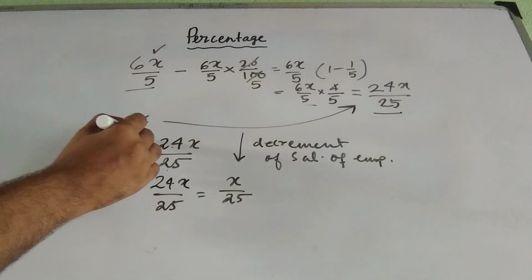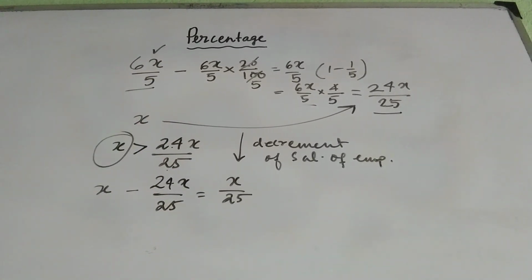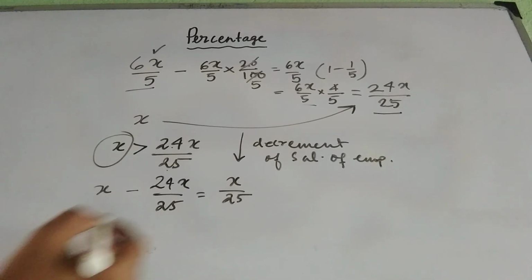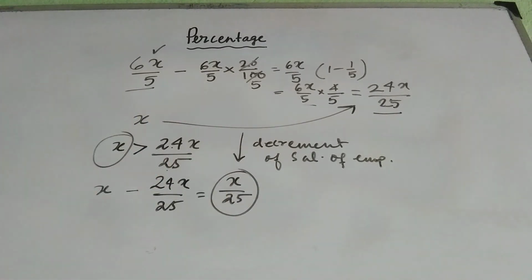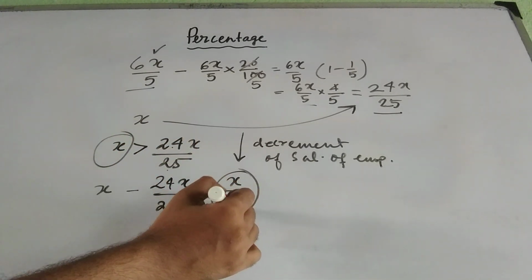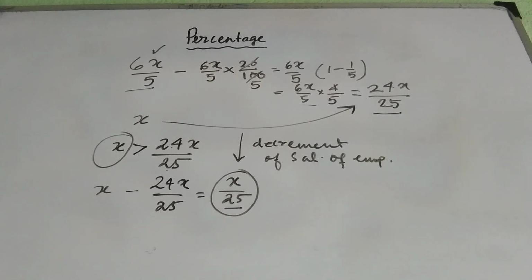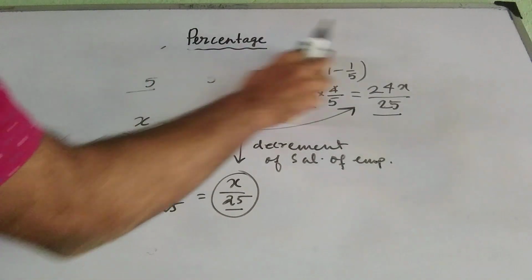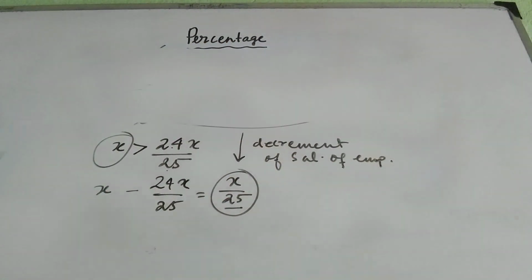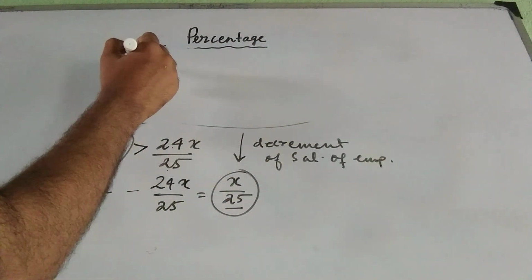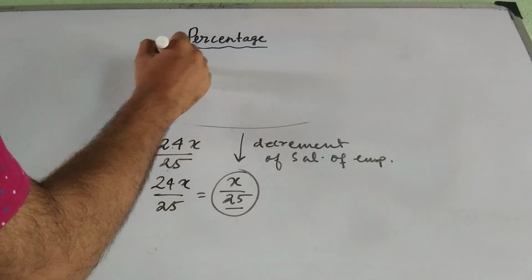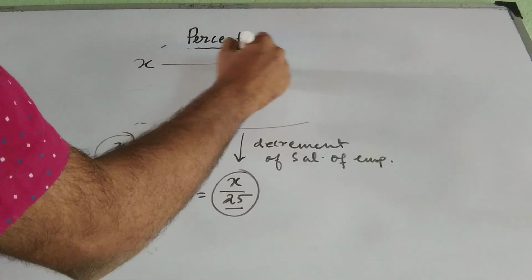Previously the salary was X, and now it has decreased to 24X by 25, so it has decreased by X by 25. What is the percentage of decrement? On X, the decrement is X by 25.